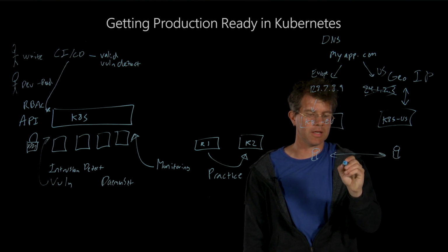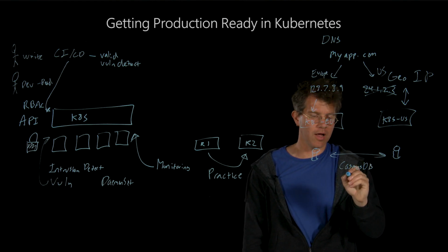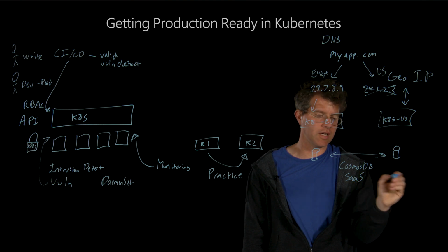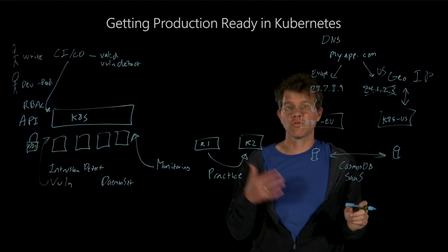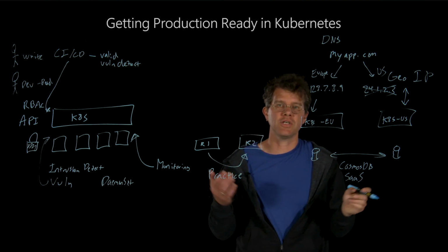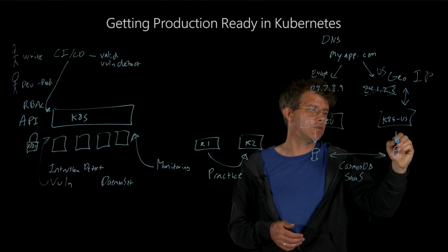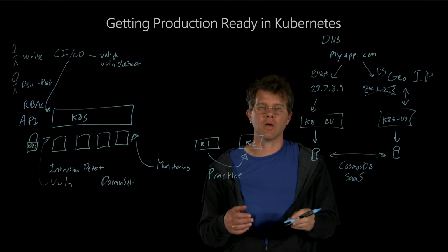And this is a place where something like Cosmos DB or some other software as a service data store is going to be a great choice for most people because you don't want to be the one who's managing cross-region replication of data. You simply want to write your application to use that data store and allow it to do the replication for you.